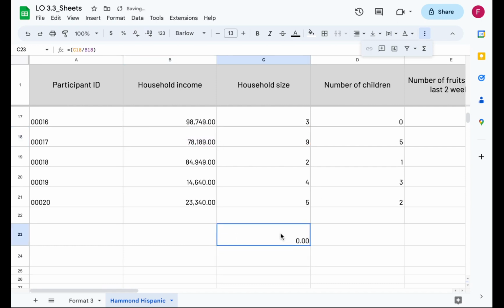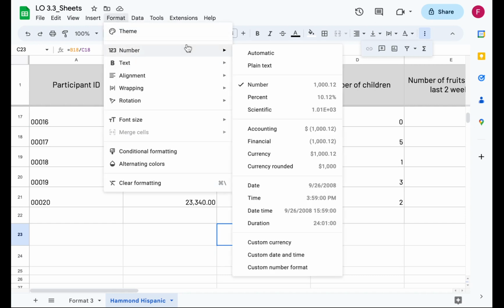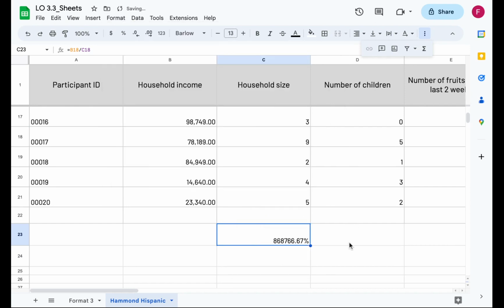Sorry, let me do it again. I want to divide this by this, and we want to have it presented in percentage format. You just have to go to Number, Percent, and that's that. That's another way of doing that.